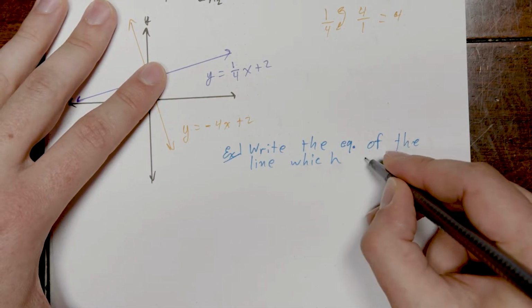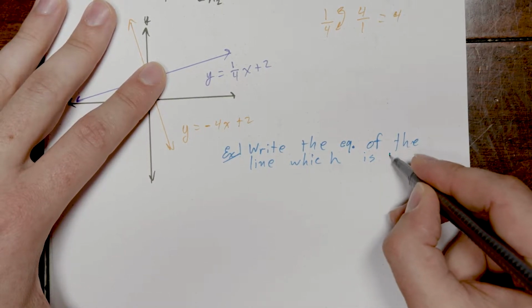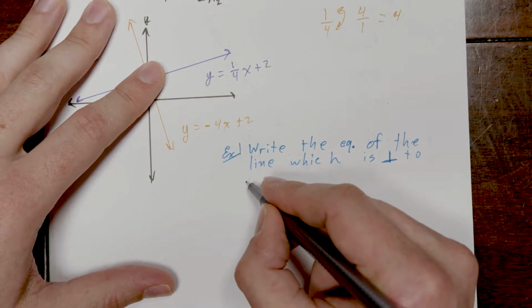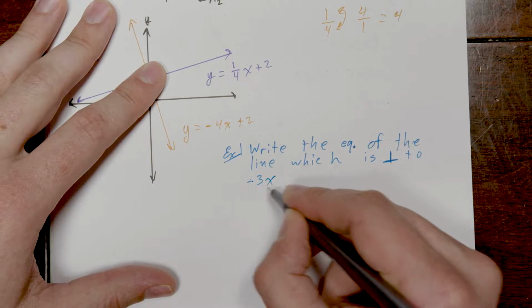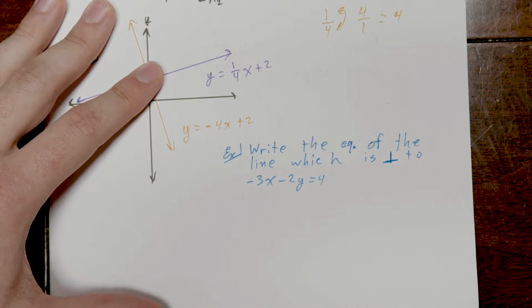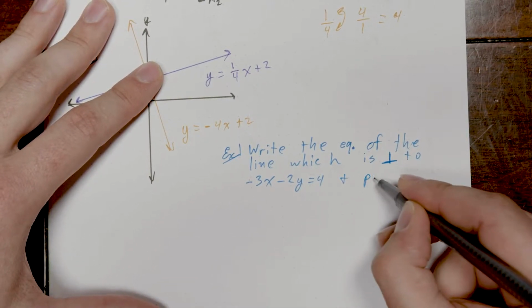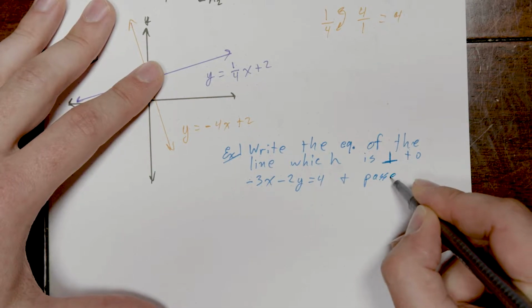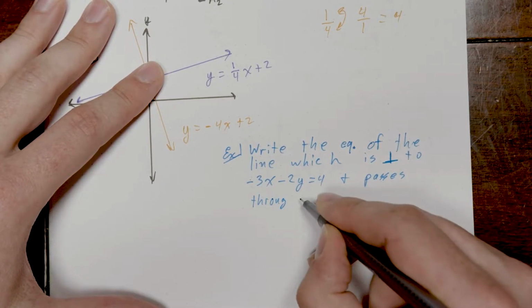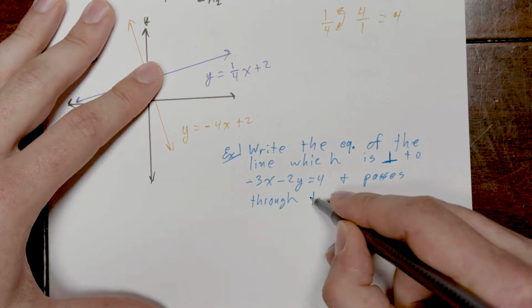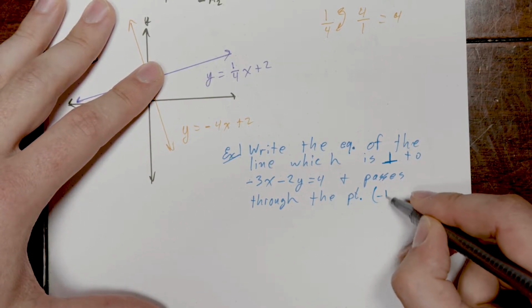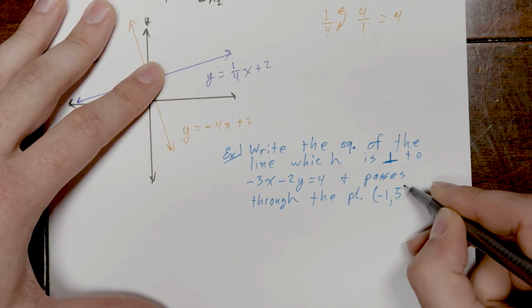Line which is perpendicular to -3x minus 2y equals 4 and passes through the point (-1, 5).